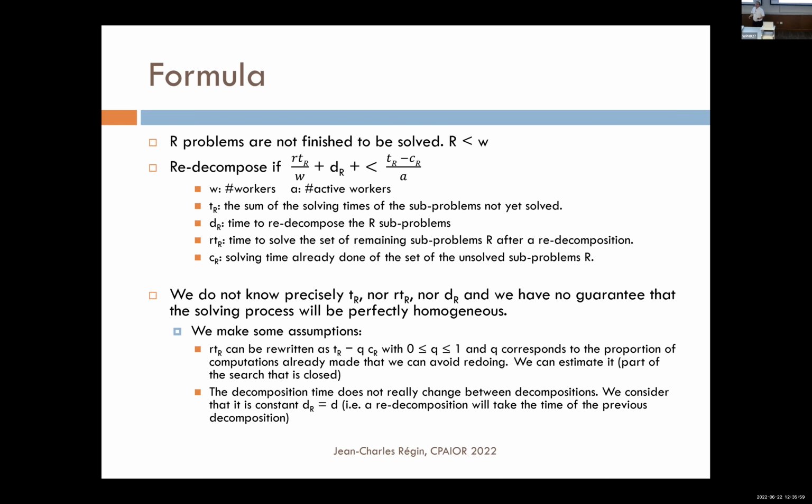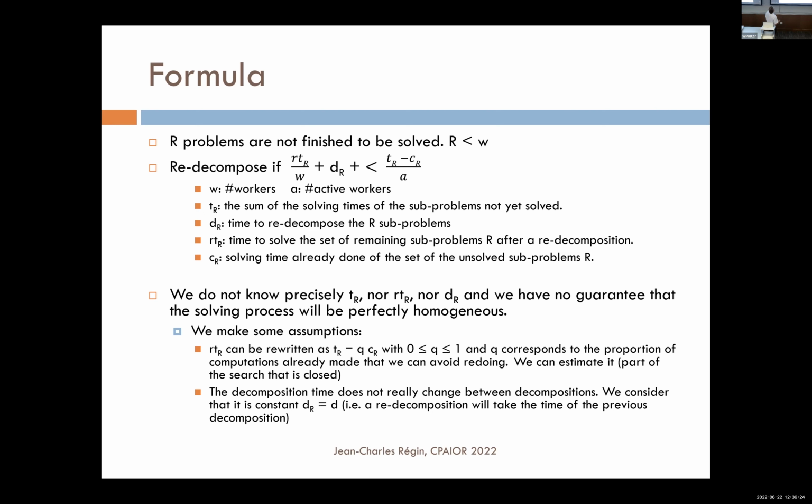The problem is that almost everything is unknown. So we don't know precisely TR, nor RTR, nor DR. So it is very difficult to apply in practice an equation which is simple, with 4 unknown variables. So we are going to try to eliminate variables.